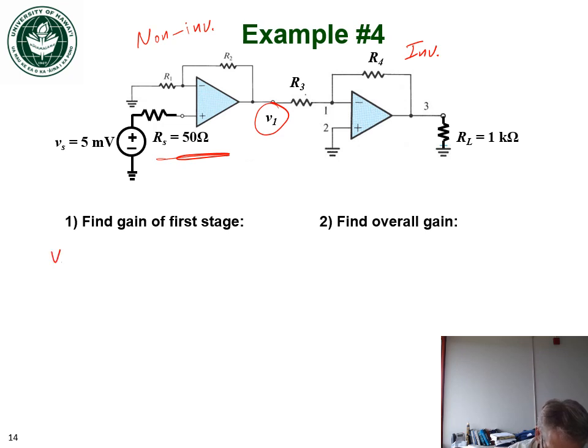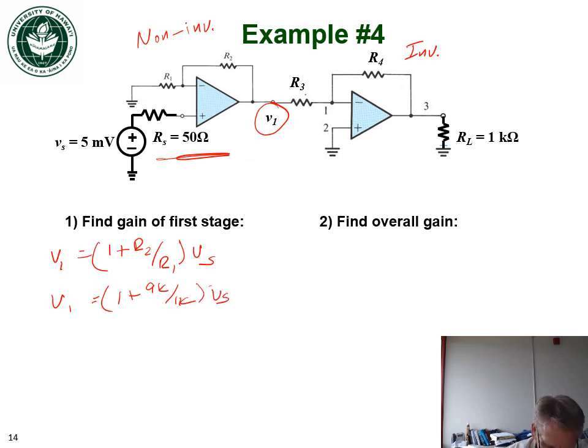We could write that V1 is equal to 1 plus R2 over R1 times Vs. In other words, V1 is equal to 1 plus 9K over 1K times Vs. So V1 is equal to 10 Vs.